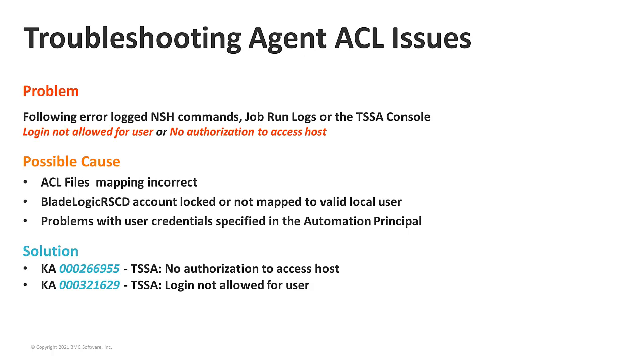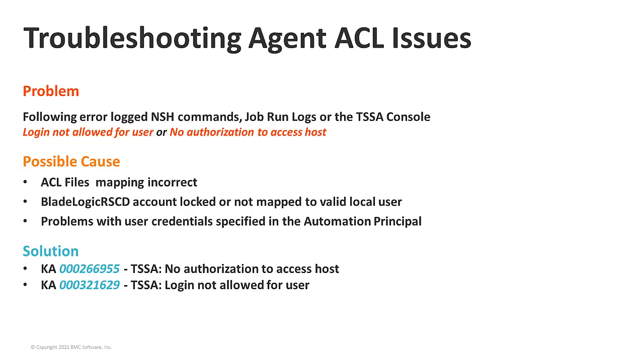Now, I would like to talk about some very common errors we encounter for RSCD agent communication. The error could be visible in the user interface of the console, in the job run log, or in the NSH command response. Some jobs or activities fail for certain targets with the error message login not allowed or no authorization to access host.